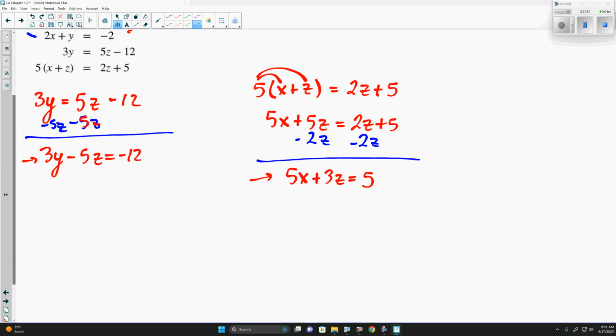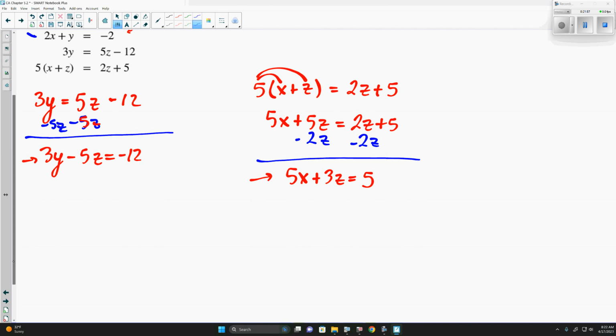Now, at this point here, we really just need to pick one equation to eliminate. We could have also done this one in substitution, and this is the funny one where substitution could actually work just fine. But we either need to get them in terms of x and y or x and z or one or the other.